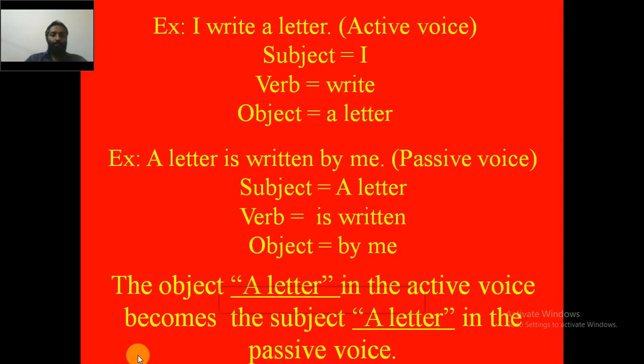Subject is a letter, verb is written, object is by me. So what happens here? A letter is the object in the active voice, and that object becomes the subject, a letter, in the passive voice. So the object of the active voice will become the subject of the passive voice. Now moving on to the next one.